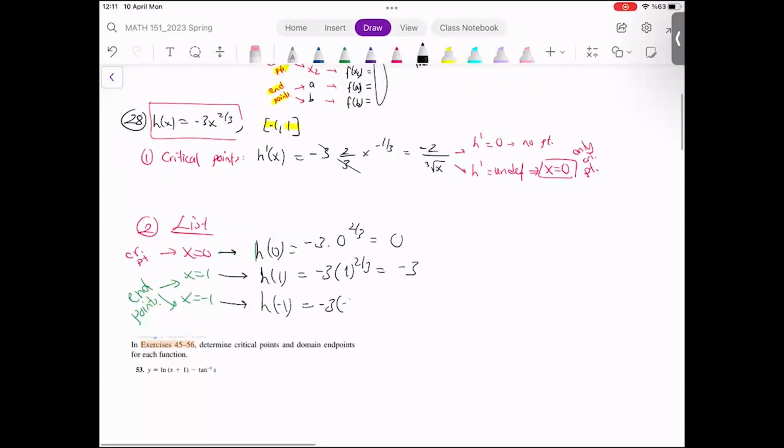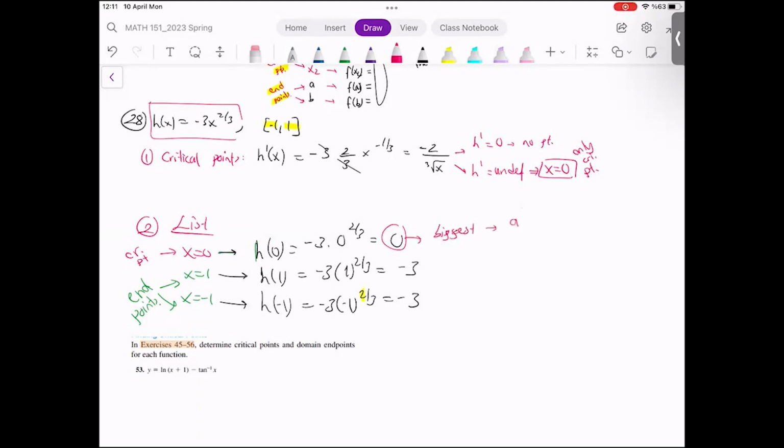And for -1, since this power is even, it becomes +1, again multiplied by -3, giving -3. And from this list of images, you can now see the highest and smallest value, right? This is the biggest value.